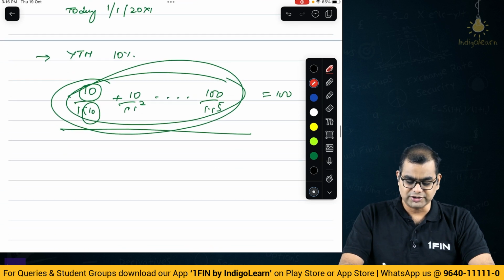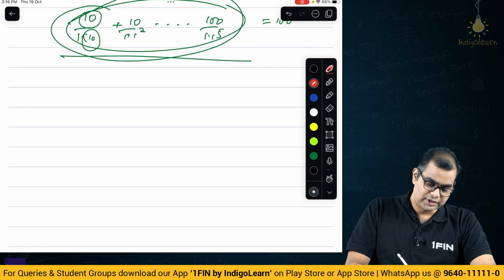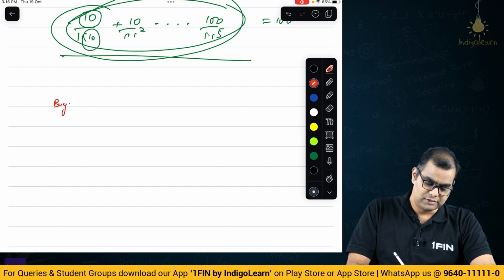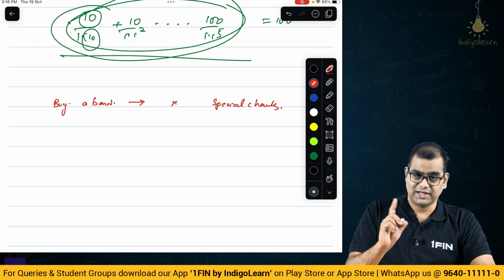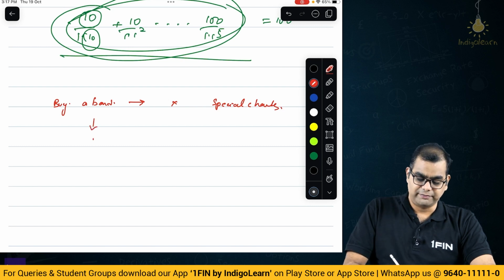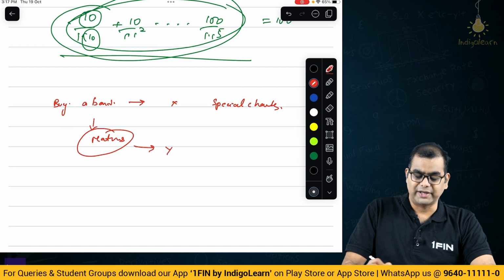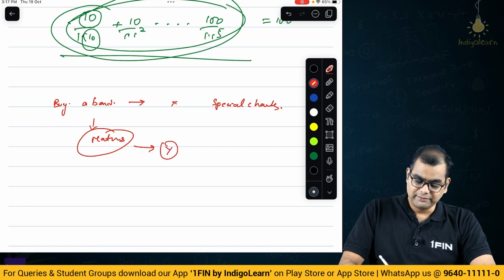So, what you can do is, you can buy a bond of some X value, with some special characteristics, such that when this bond matures, you get some Y money. This Y money exactly meets your Y liability on a due date.